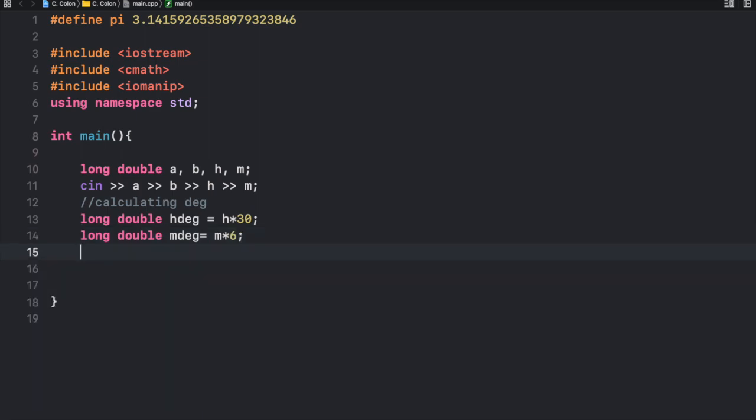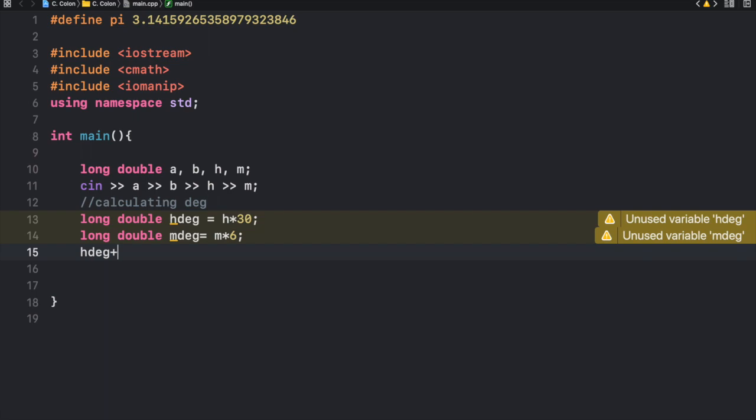But remember, at the end we have to do hdeg plus equals mdeg over 12. Then we can have our long double final amount of degrees, so you can just write this as deg, equal to the absolute value of hdeg minus mdeg.